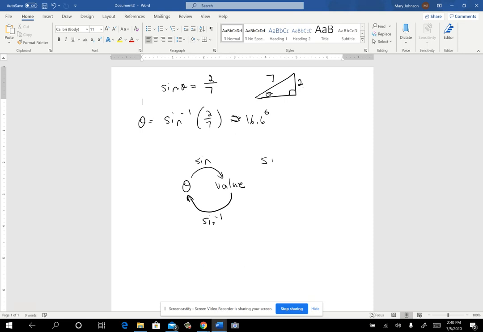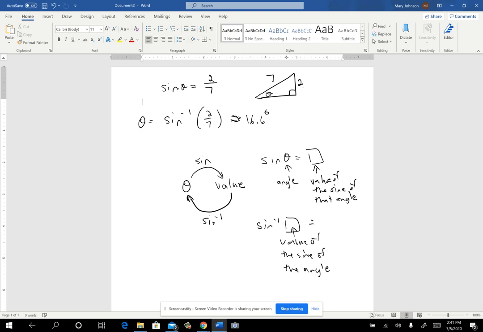So with sine, here is the angle in your mind, and this is the value of the sine of that angle. What happens with sine inverse is, what goes in is the value of the sine of the angle, and what you get back out, supposedly, is the angle. That's the way to think about it.